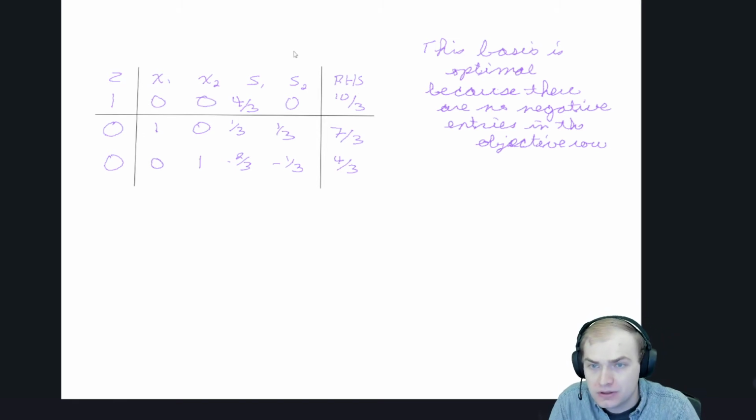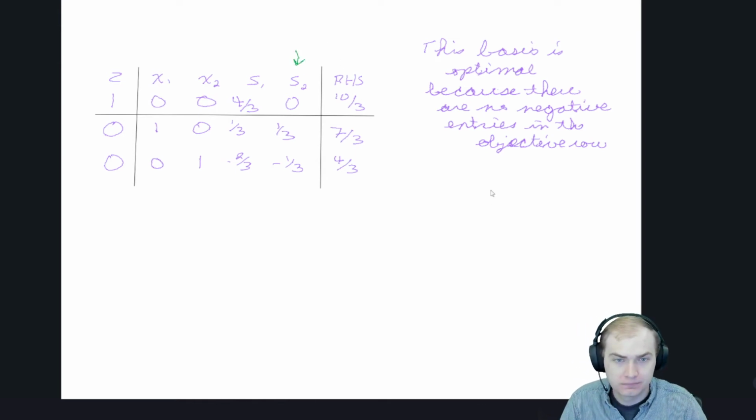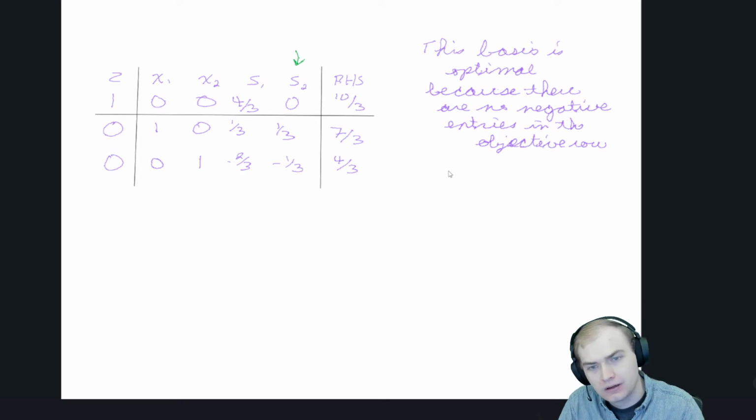However, S2 is not in the basis. So we could swap S2 in without altering the objective function value. But S2 is non-basic.